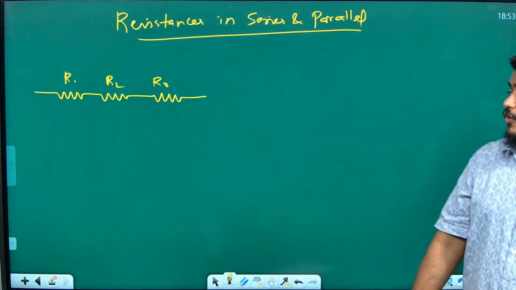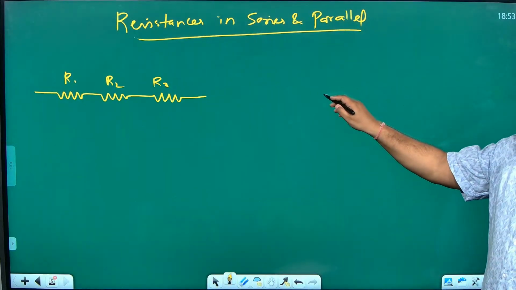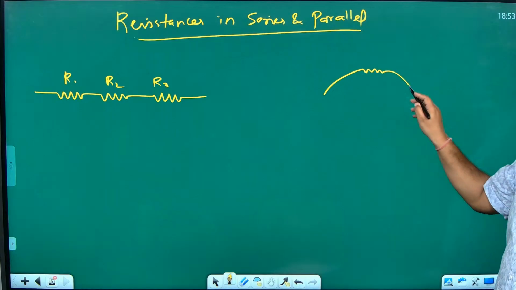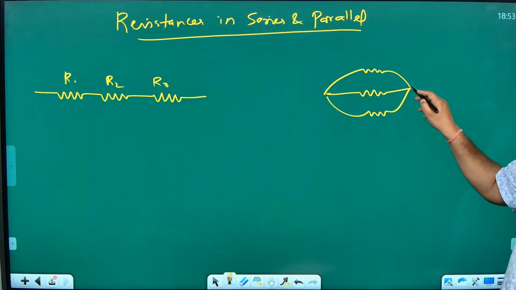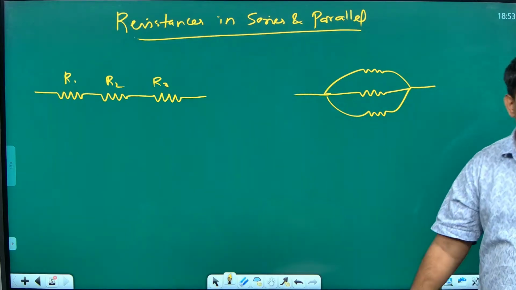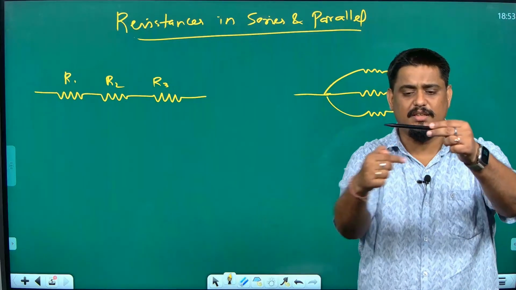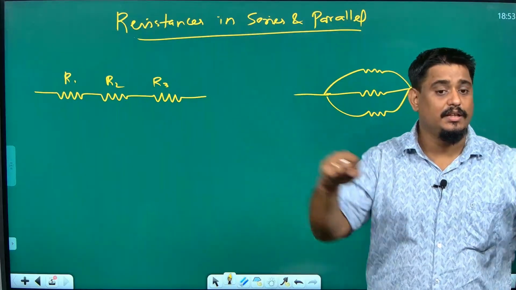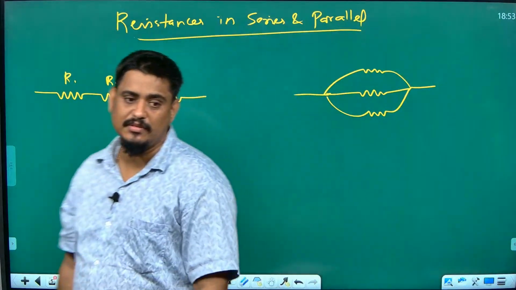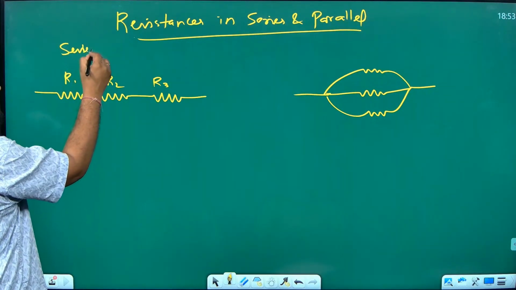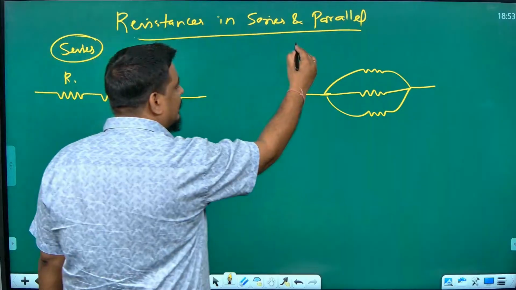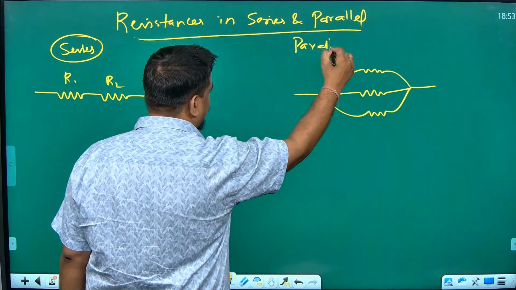Another type of connection is called as parallel connection, where I will add them like this. I took one resistance, another resistance, added together. This is called as parallel connection. And if I add one after the other, it is called as series connection.